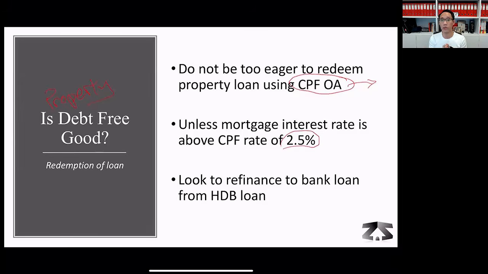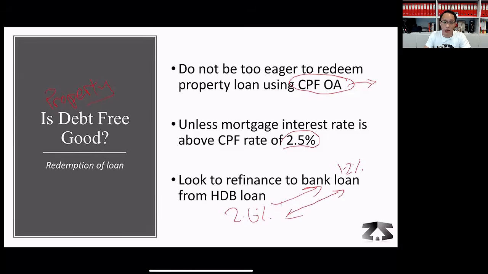And if you're holding a HDB and you're still holding a HDB loan, I think it's one of the best times to refinance to a bank loan, because the HDB loan is 2.6% interest rate, and a bank loan is as low as 1.2% right now. I think this is one of the best times to take advantage of. You can see it's more than 2 times the difference.